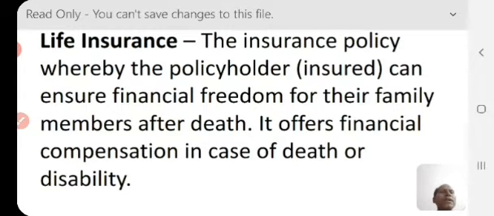The insurance policy whereby the policyholder, the insured, can ensure financial freedom for their family members after the risk or disability or maturity.